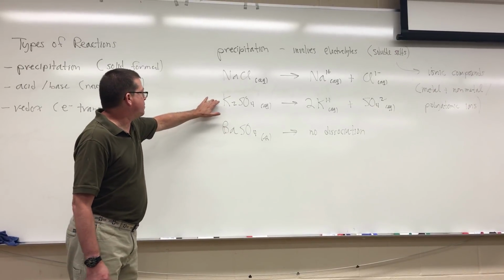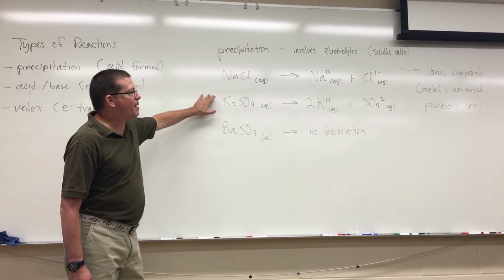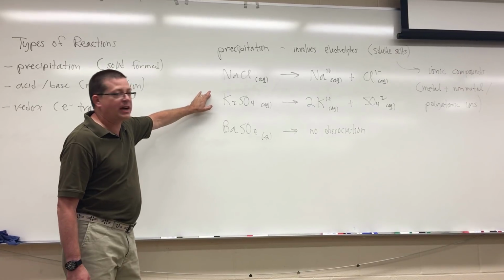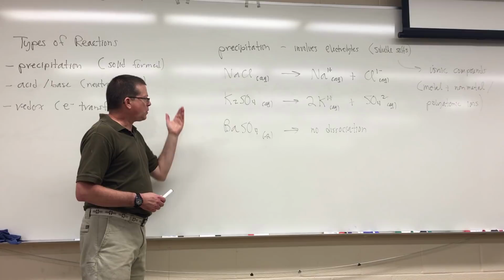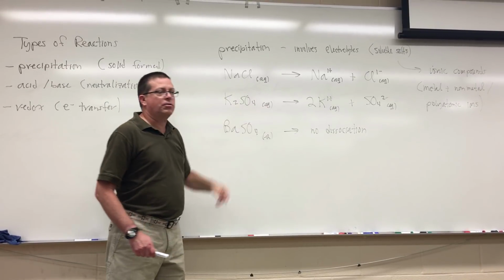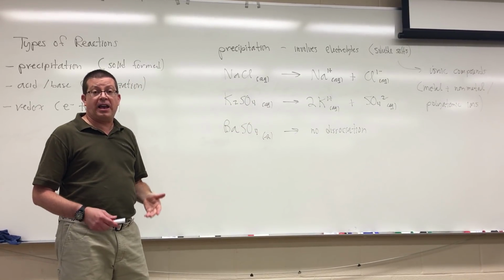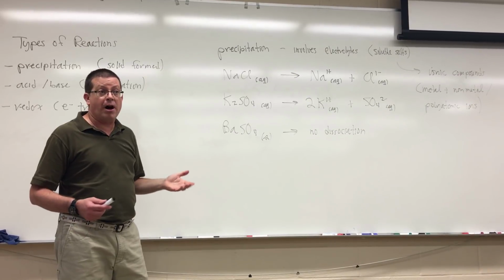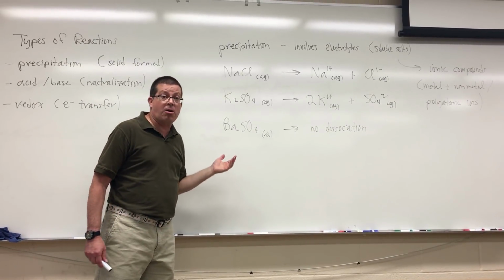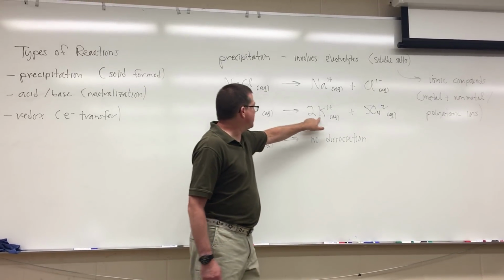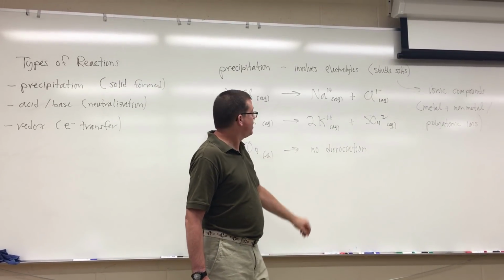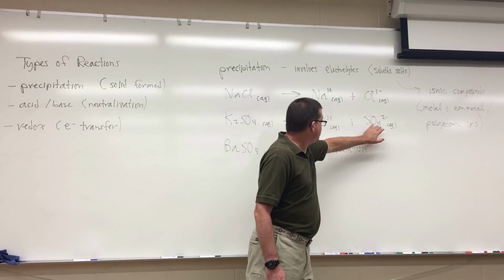Another one might be potassium sulfate. Here's an example of an ionic compound or electrolyte that involves a polyatomic ion. Now, when we put the (aq) here, this means that it both dissolves and dissociates in water. When it comes apart into its component ions, what we're going to make is two ions of potassium 1+ and one ion of sulfate.